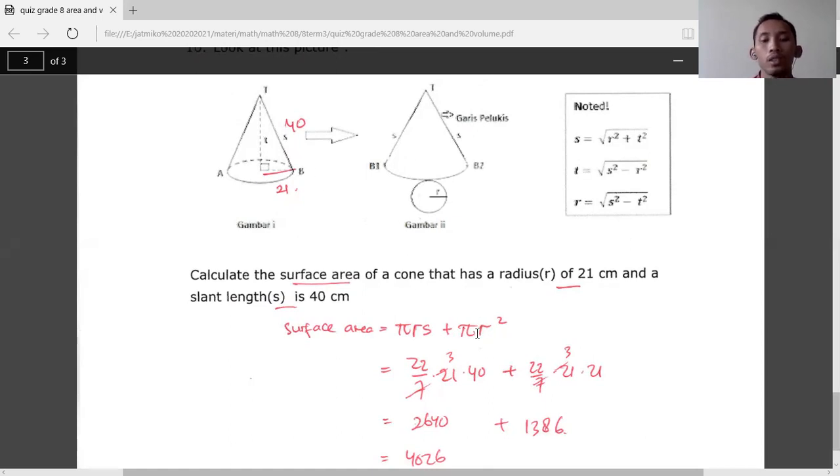Then pi r squared. You need to calculate 2,640 and 1,386. So it is equal to 4,026. No need to use any Pythagoras over there because we do not need to find the volume.